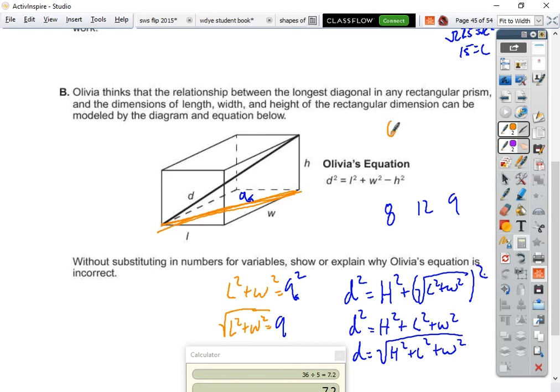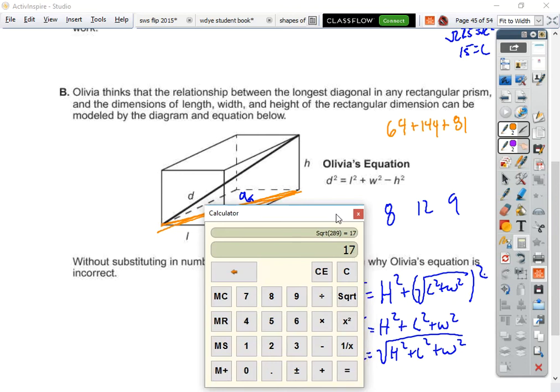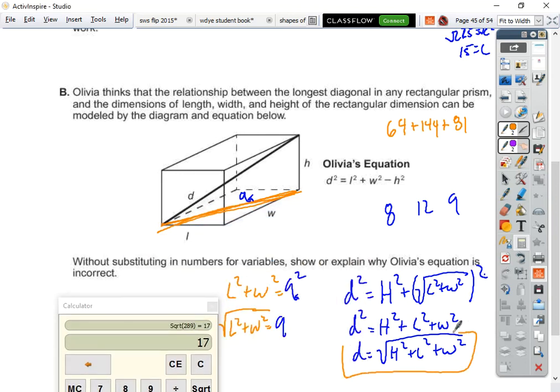So 64, because that's 8 squared, plus 144, which is L squared, plus 81, which is W squared. So let's add them together. Let's see what we get. 64 plus 144 plus 81. Check that out. And I get 17. So this is definitively the equation that will get us the final answer quickly.